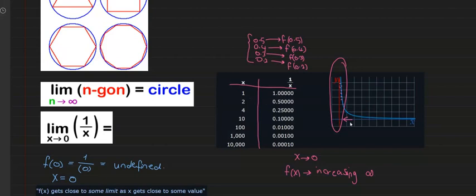If x is increasing from 1 to 2 to 4, and the corresponding f of x, which is 1 over x, you will see that the corresponding y's are decreasing: 1, 0.5, 0.2, 0.1, 0.01, and so on.